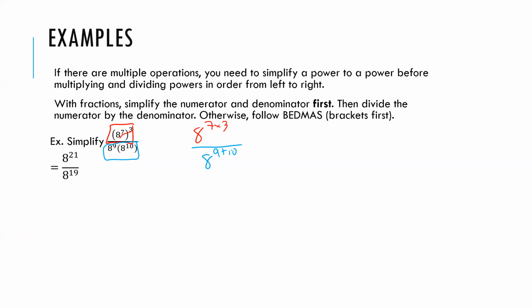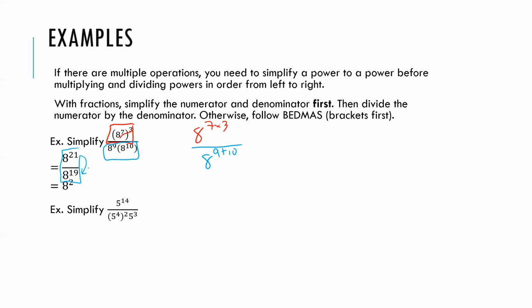So this ends up giving me 8 to the power of 21, because I simply multiply the two exponents there. And in the denominator, I add the two exponents because I'm multiplying. My last step is I take 8 to the power of 21 divided by 8 to the power of 19. I subtract the two exponents, and I end up getting 8 squared, and I'm done.